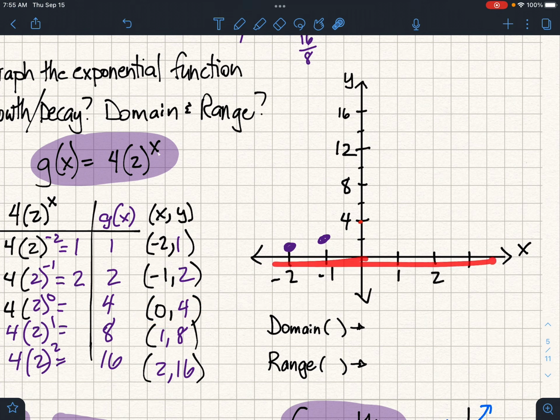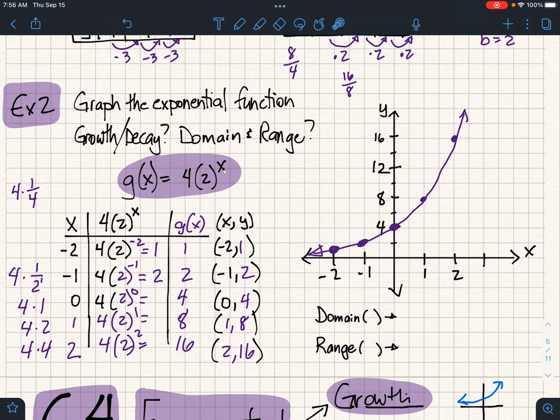So stay 0 on the x-axis, so that means you stay right here, and you go up to 4. 1, 8, and 2, 16. All right, now we can draw a nice sloping curve through here. And there's my graph.